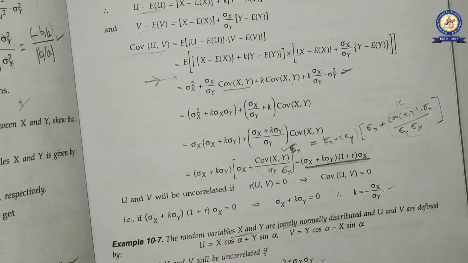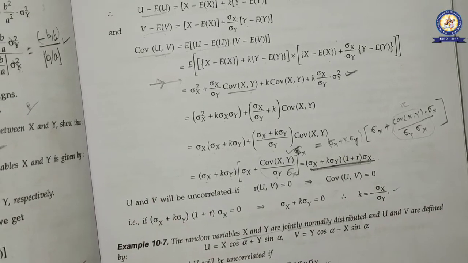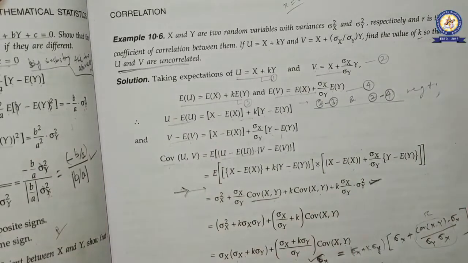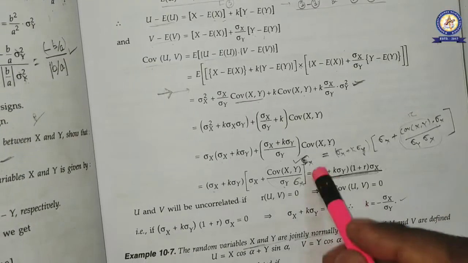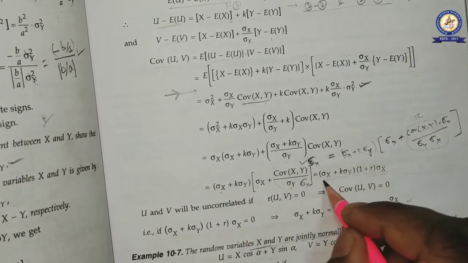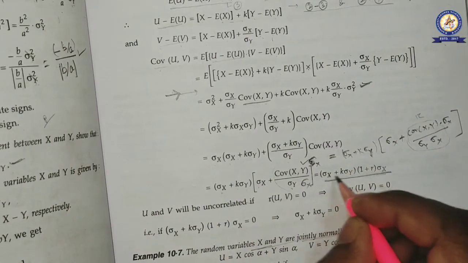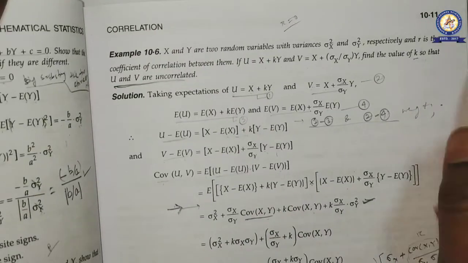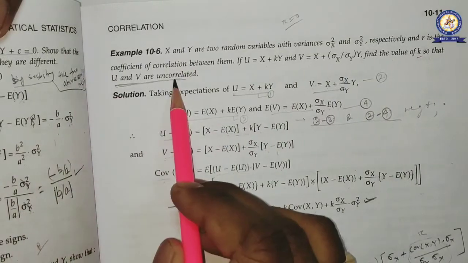Now here we found covariance of uv, we found this value, right? Now in the question itself it has been given that u and v are uncorrelated.